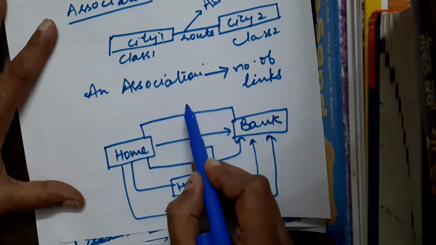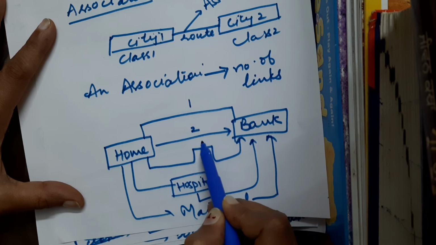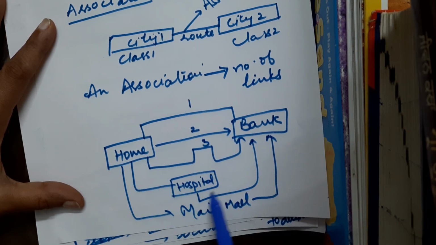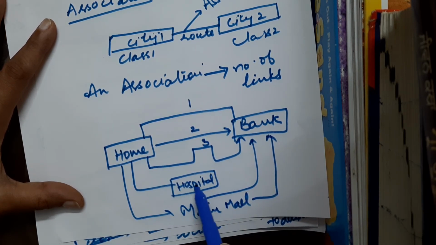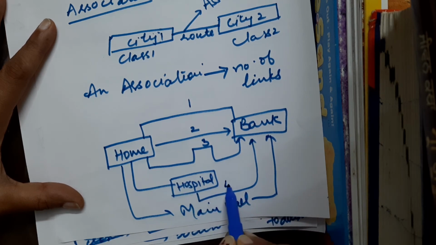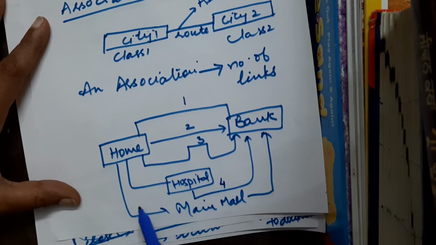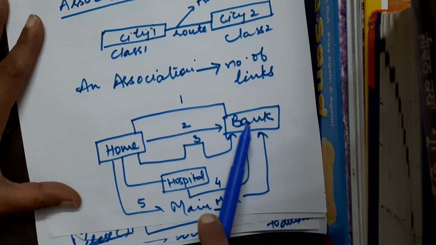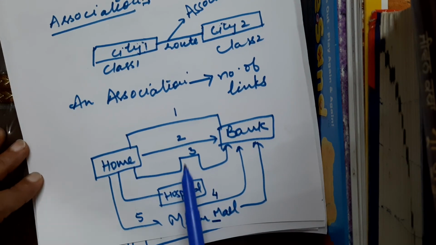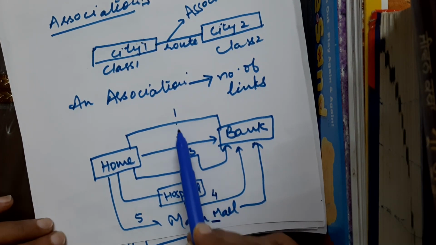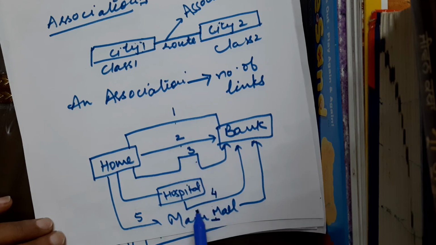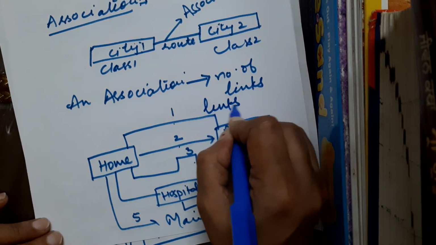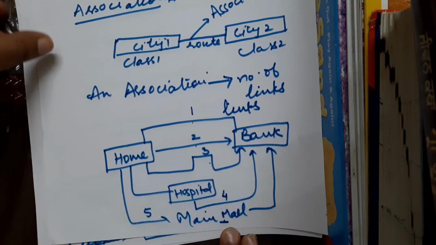Like one can follow this first path, second path, third path, then on the way the person can come across a hospital along the road, the person can follow this fourth path also, this fifth path also. Across the road we can come across a main mall, the person can visit through this and then can go to the bank. It means there are a number of ways. If we want to go to the bank, it depends upon us which path we want to choose. So all these options, all these paths are called links.